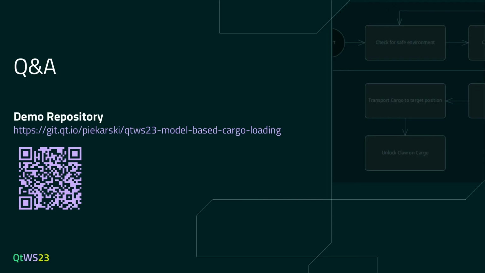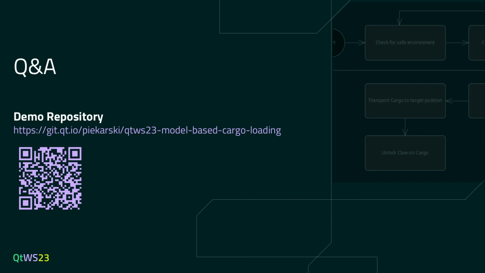So now we're done, and now we get to the Q&A session. And here you have a link to the demo repository. It's provided as a public repository at our public Git instance at git.qt.io. This repository contains all the demo materials. The slides will be also uploaded there, and the models, and it will be updated next year.